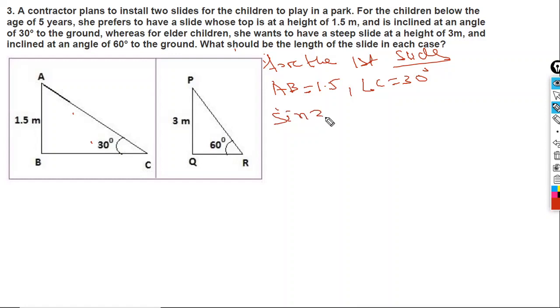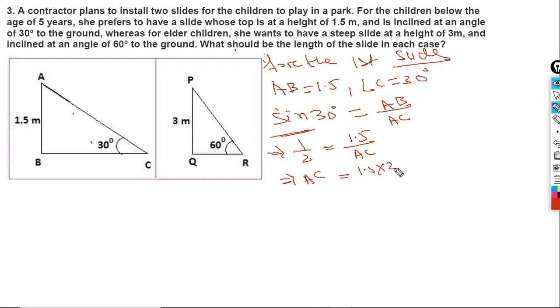Sin 30 degree equal to AB by AC implies sin 30 is 1 by 2 equals to AB, which is 1.5, divided by AC, implies AC equals 1.5 into 2, which will be equal to 3 meter. So the length of AC, or the length of the slide for children below 5 years, is 3 meter.